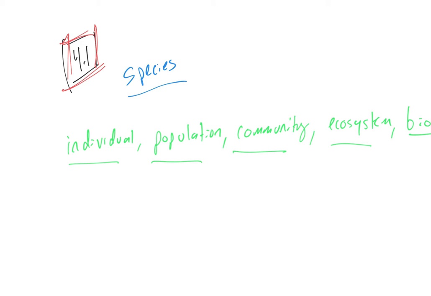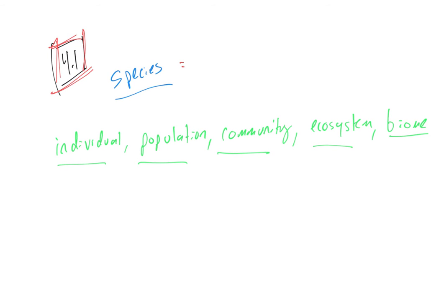So, the key words for a species is that it's a population that is interbreeding and they can produce fertile offspring.